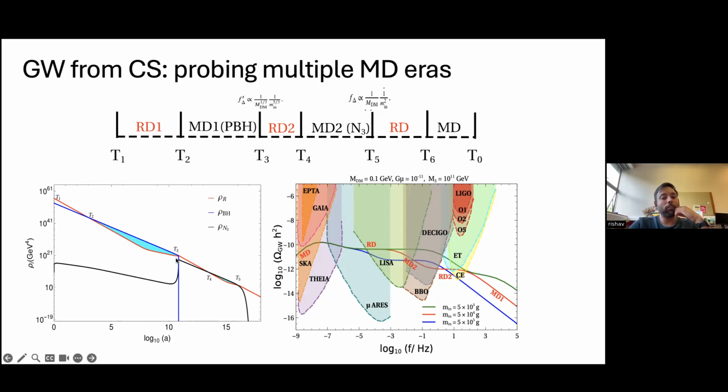Later on, the black hole evaporates and the universe again becomes radiation dominated. And following which, because of the slow decay of the right-handed neutrino, the universe again transformed into a matter-dominated era. And once the decay was completed, the universe finally entered into a radiation-dominated phase.